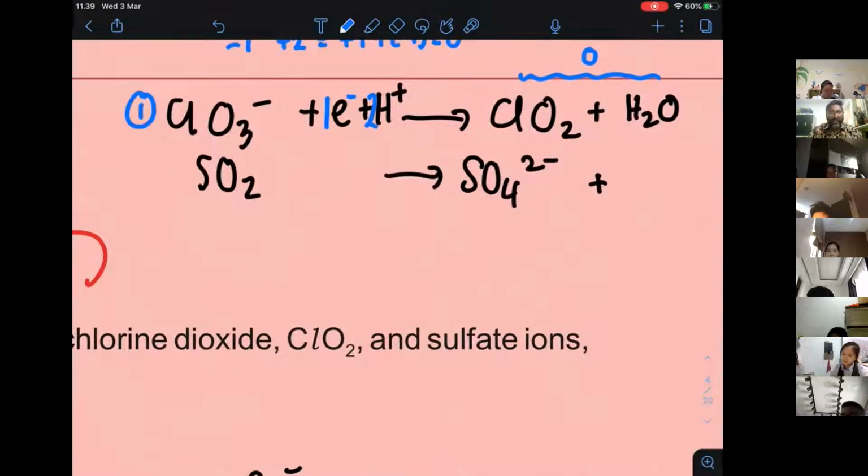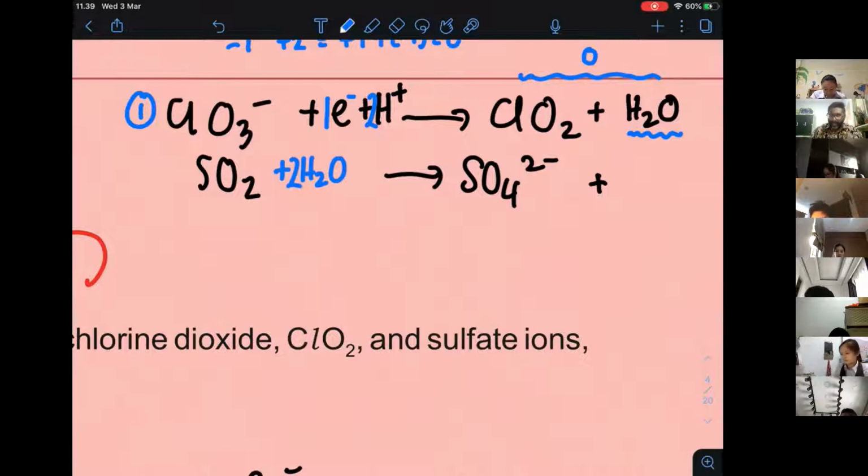So second equation, SO2 to give you SO4 2 minus. Similarly, we know that water is being formed, but water must be cancelled because they mentioned that the only products are ClO2 and SO4 2 minus. So of course water needs to be cancelled. So I need to put H2O over here. Have to, no other choice. If I put the H2O, and I want 4 oxygen, the best way is to put 2 here.